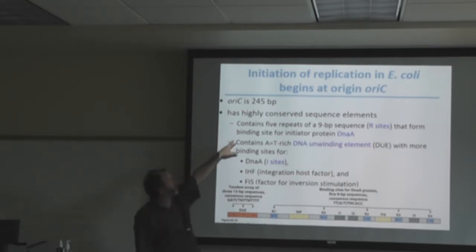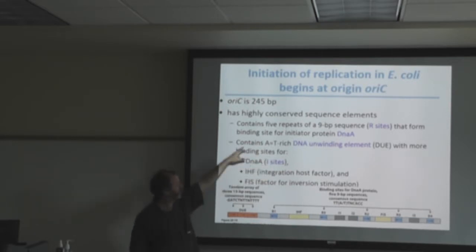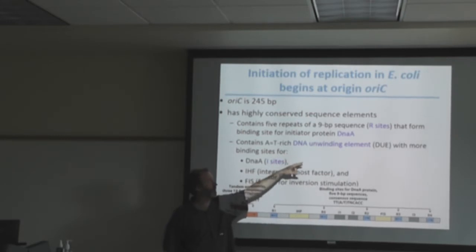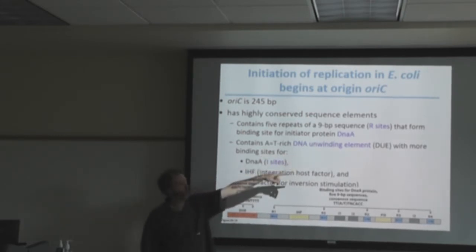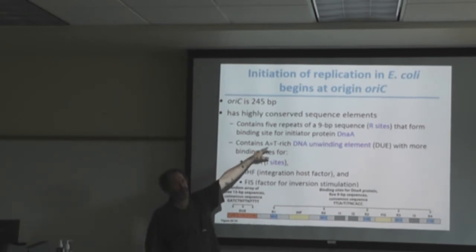So its highly conserved sequence contains 5 repeats of a 9 base pair sequence, the R site, that forms a binding site for the initiator protein, DnaA, and it contains an AT-rich DNA unwinding element. Why would that unwinding element have a lot of AT base pairs?